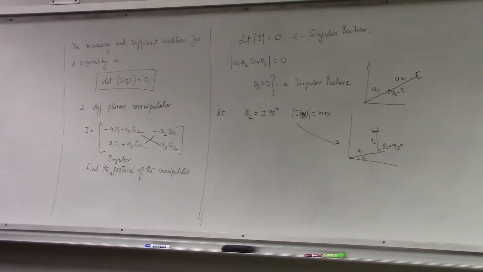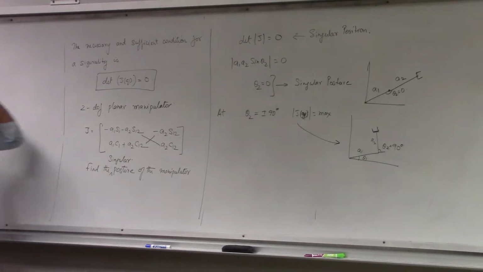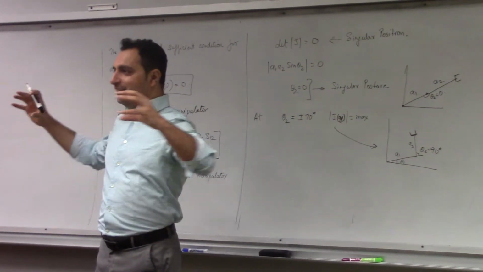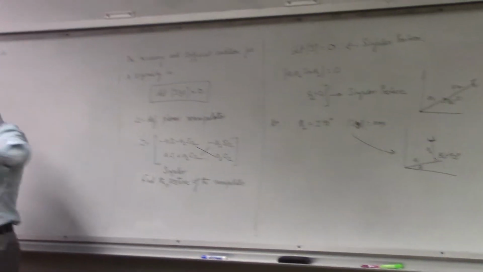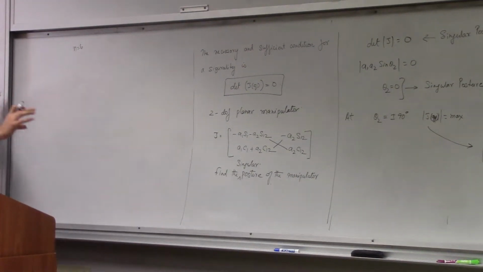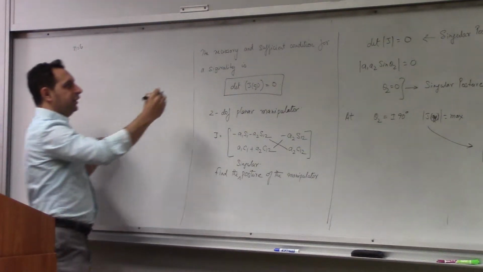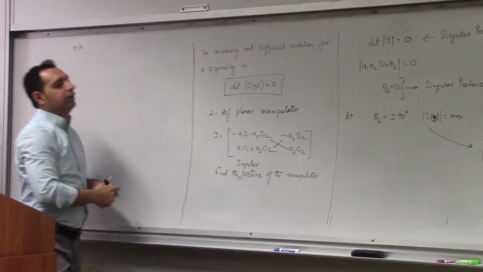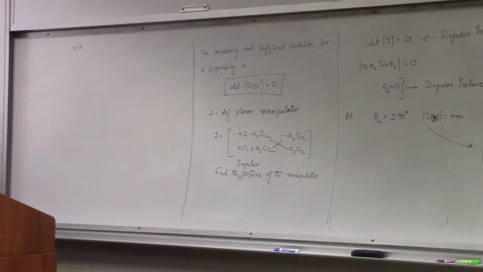But if I give you a 6 degree of freedom manipulator and I ask you to find all singular positions, it's really difficult, because when you multiply 6 thetas, the forward kinematic equations are immensely long, and that's why we did what we did when we studied decoupling. So we'll apply the same concept of decoupling in this case.